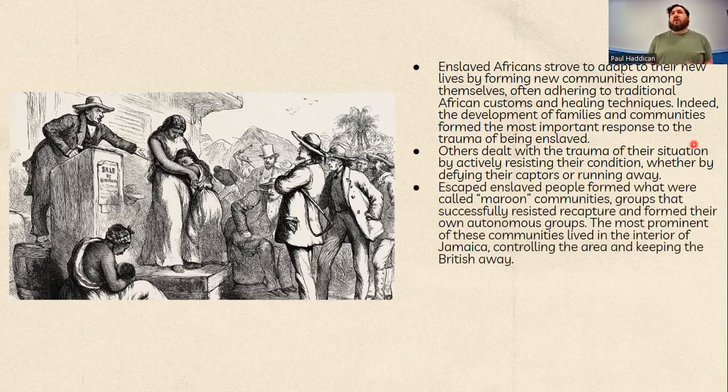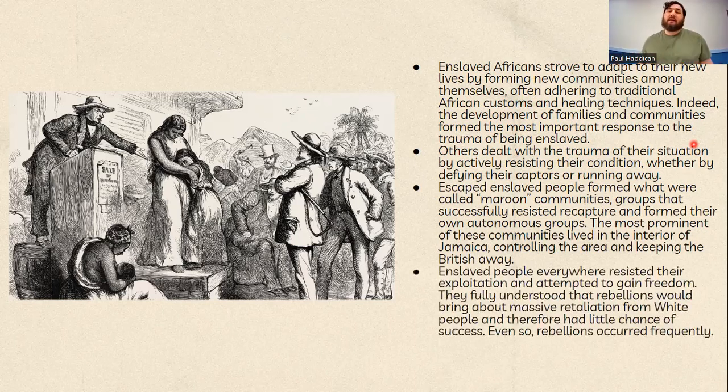Escaped slaves will also create maroon colonies. So they will be groups that evade recapture and settle on the outskirts of territories, or escape into Canada, Mexico, the Caribbean islands, even back to Europe sometimes. And they also will be integrated into some Native American tribes and communities as well.